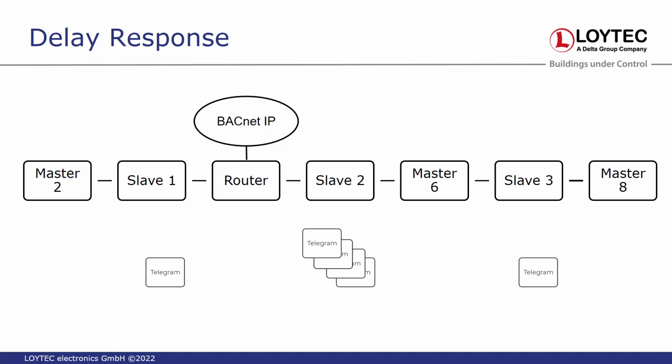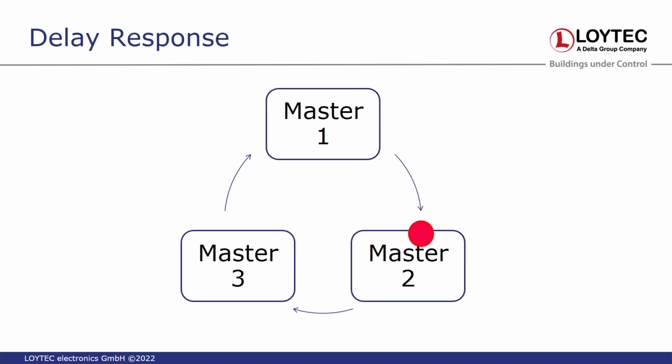And this token passing is also the reason why, like you said, you have a project that is working fine, and after some time it's getting slow. This can be because if only one device or a few devices fail or do not respond fast enough anymore, then you have the problem that you are passing the token from one to the next.